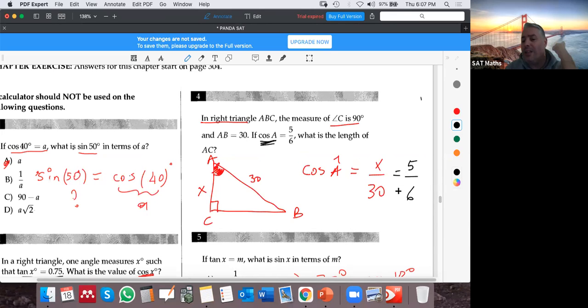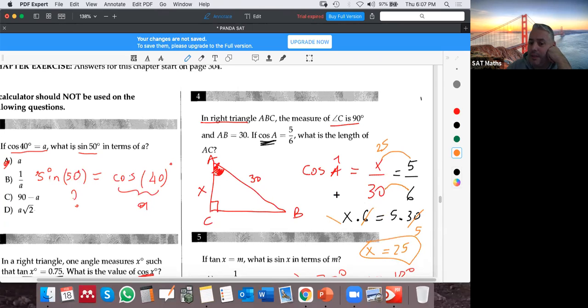So when you do the cross product, X times 6 equals 5 times 30. So simplify, X is 25. That's it. Or you can even use logic. From 6 to 30, 5 times. From 5 to X, 5 times, directly 25. Okay?